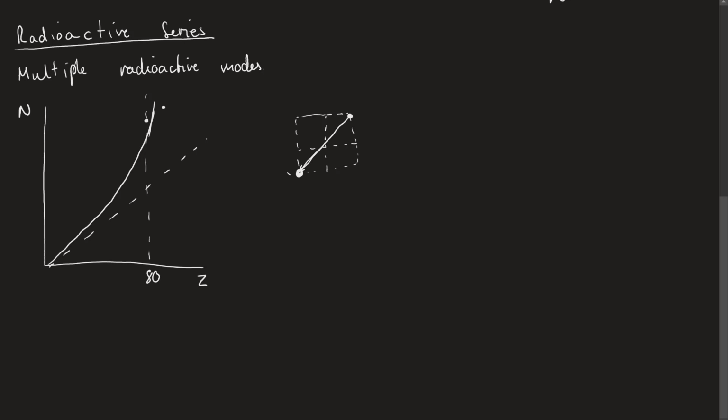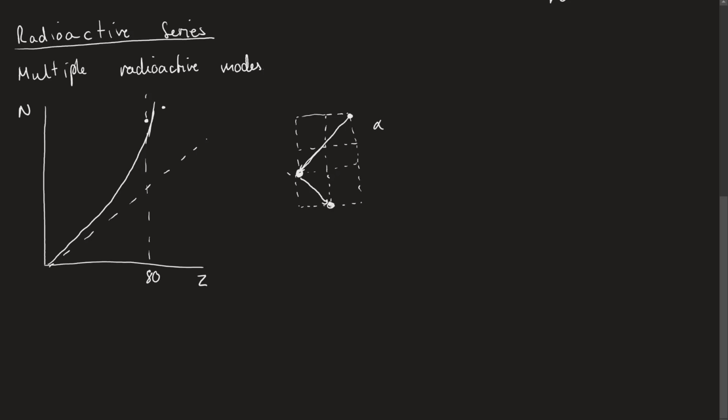And once it's on this side, so I have 1 alpha decay. Once it's on this side, I now have something that has less than 80 protons, so I'm looking at something that's no longer going to decay by alpha, but will now have too many neutrons, and it will now decay by beta minus. Then, when it decays by beta minus, the number of protons is going to increase by 1, and the number of neutrons decreases by 1, so I go across down like this on this grid.